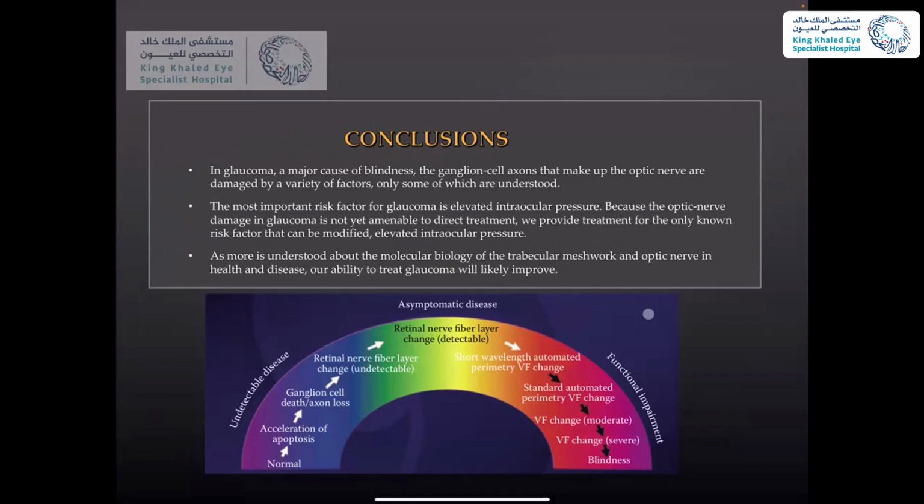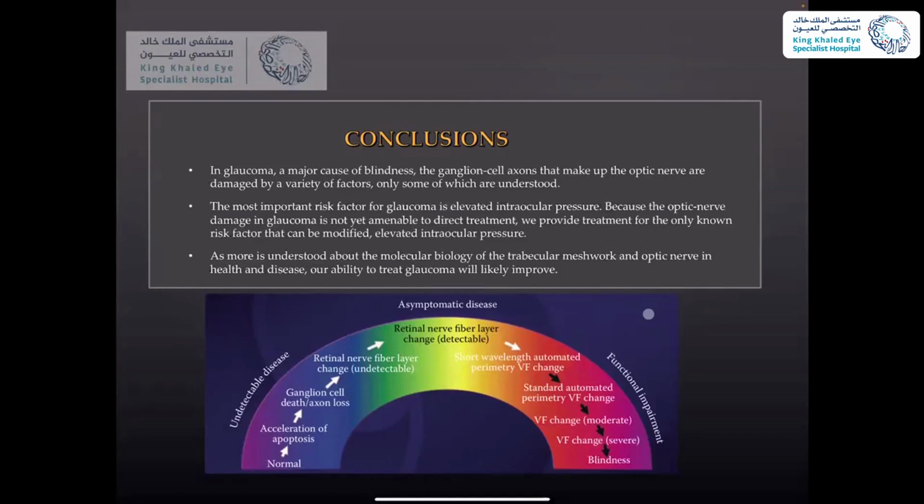And before the patient presents to you or has any symptoms or nerve fiber layer damage, there was a sequence of damage that already happened to the patient. And when the patient comes to present to you, he has already passed all that area and has what we call damage that can be detected by examination or by visual field test.